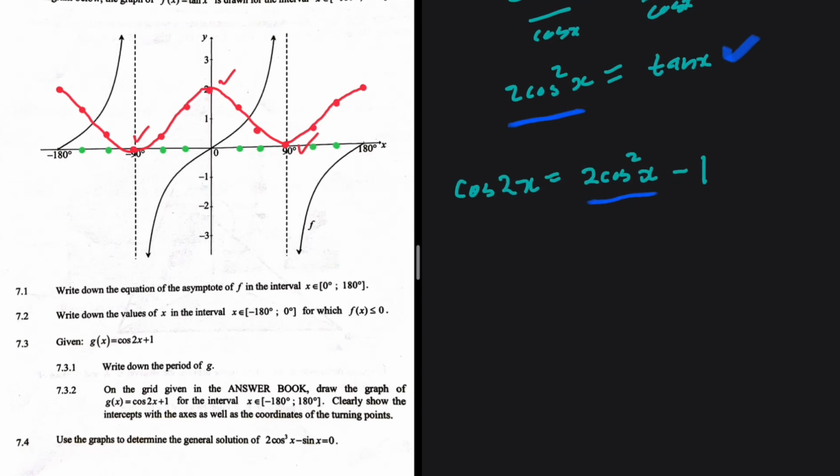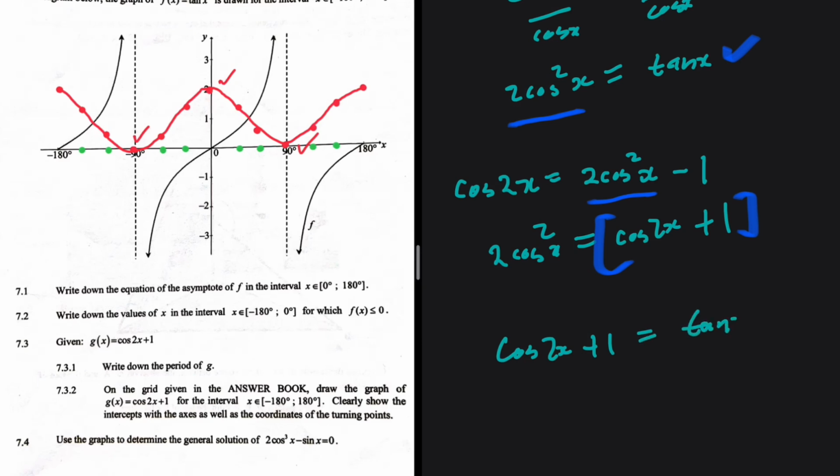We have 2 cos squared x. So clearly 2 cos squared x is equal to cos of 2x plus 1. And this right here is the graph that we have, right? So we can say that cos of 2x plus 1 is equal to tan of x.